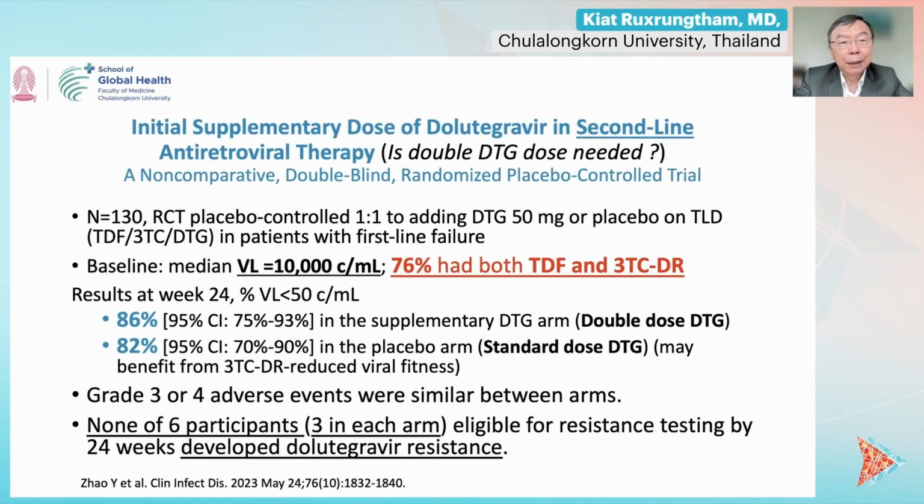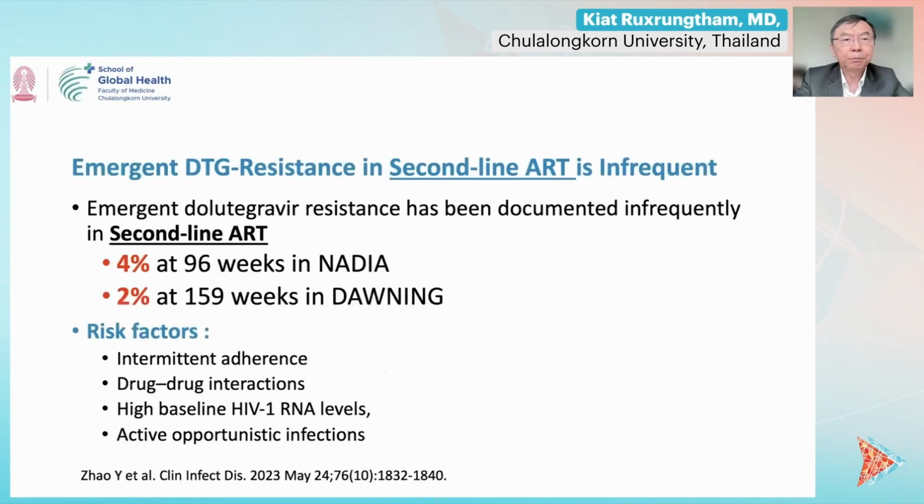And interestingly, none of the 6 participants, 3 from each arm, eligible for resistance testing who had virological failure had any drug resistance against dolutegravir.